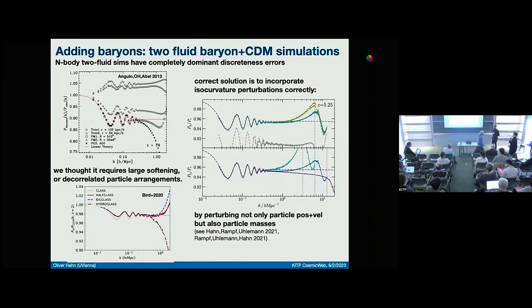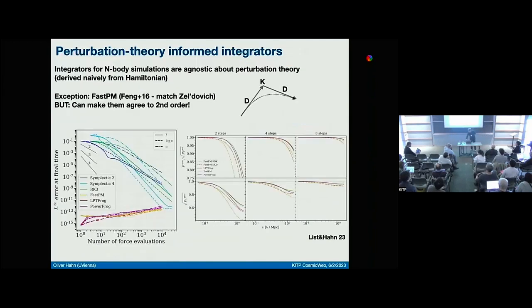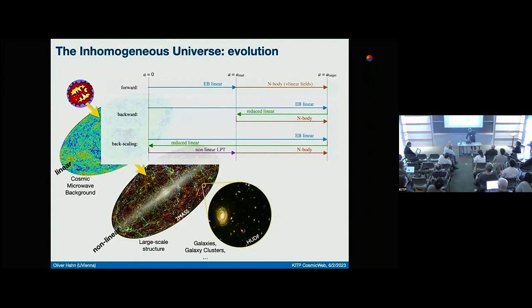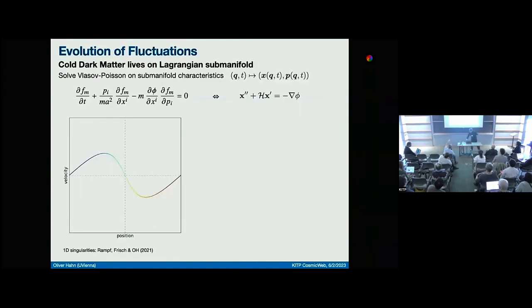Yeah, I just want to go after for a minute the idea of actually being able to do highly complex shell crossing, which is in effect, as you showed at the very beginning, the 1D case.